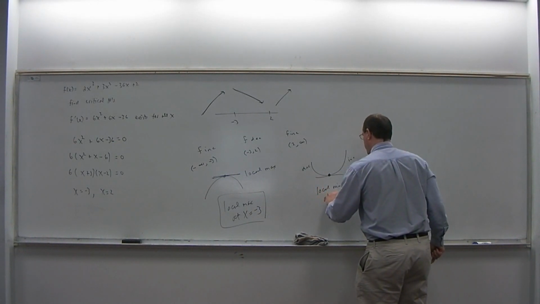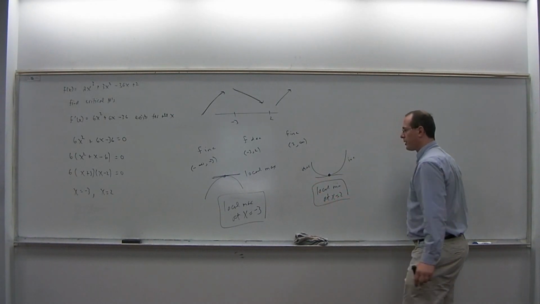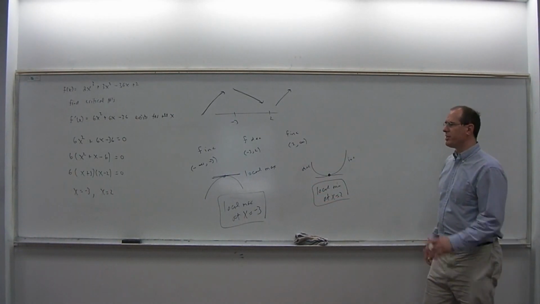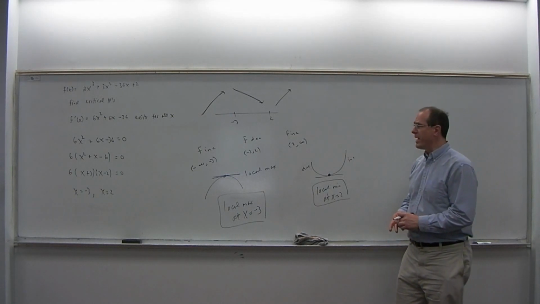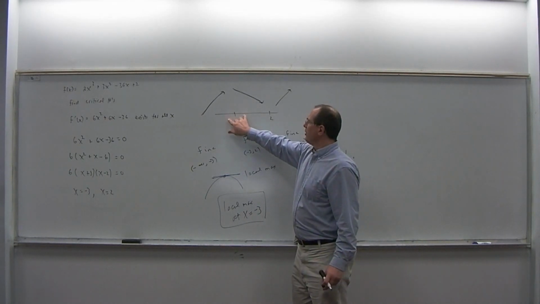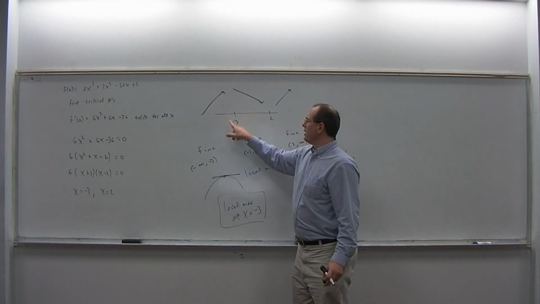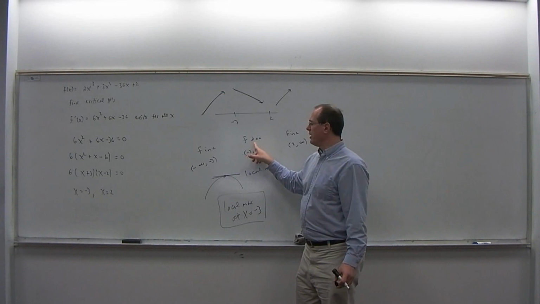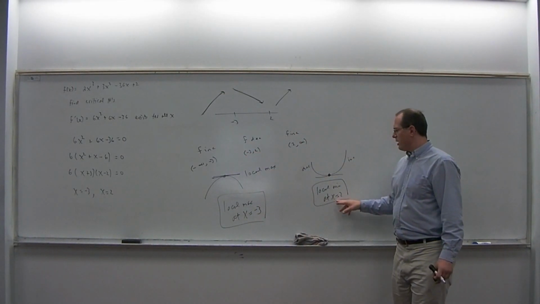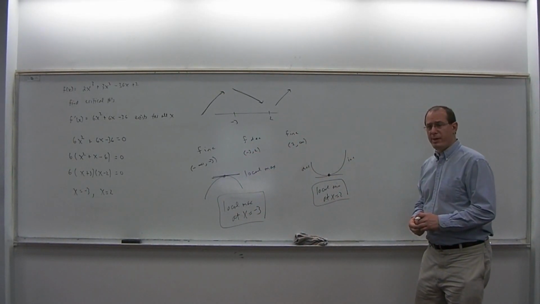at x equals 2. So we can find the critical numbers, negative 3 and 2, and those are our candidates for local min and local max. And then if we examine the derivative to the left and the right of the critical number to see if f is increasing or decreasing on either side, then we can make a conclusion about having a local min or a local max.